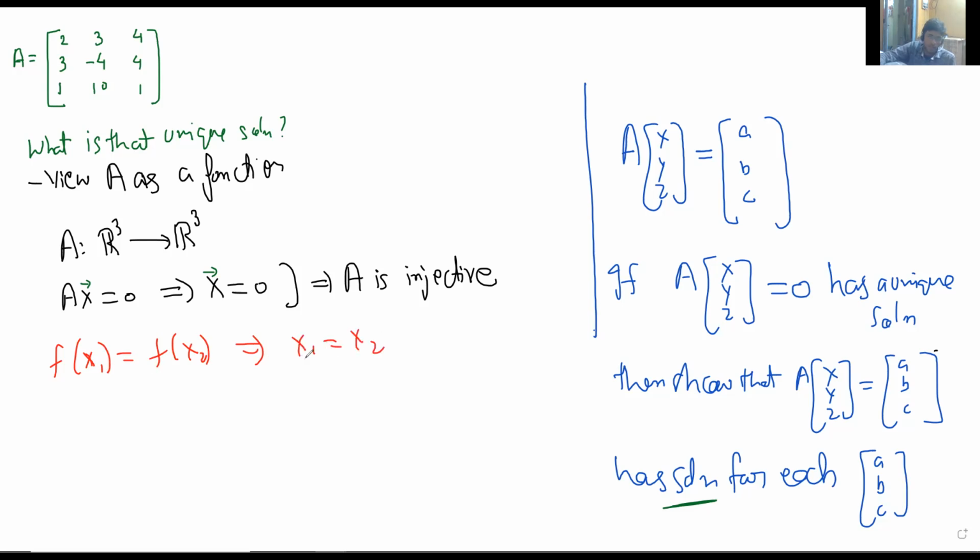This is what injectivity is, right? Equivalently, if x1 not equal to x2 then f of x1 not equal to f of x2. And obviously this also means that f of x equal to 0 implies x equal to 0, for a function where 0 goes to 0.